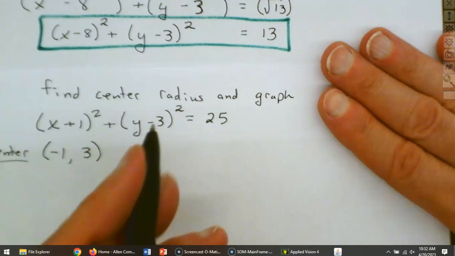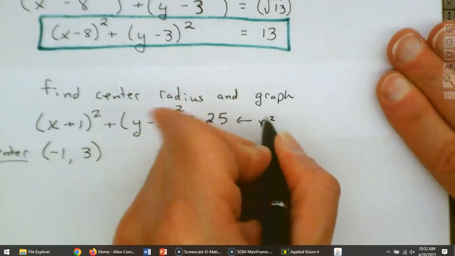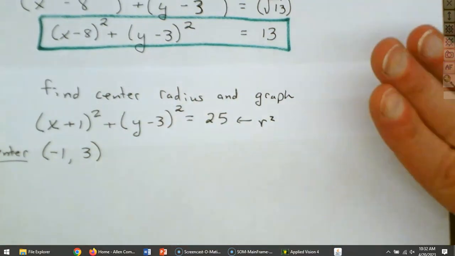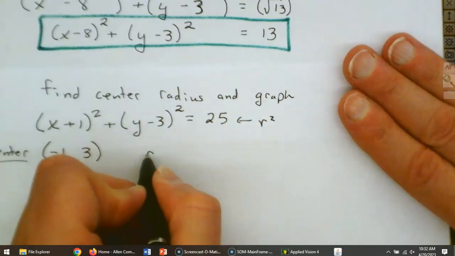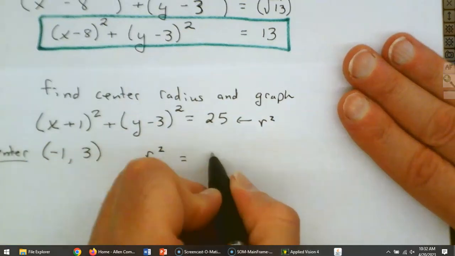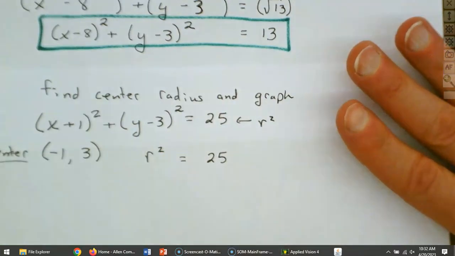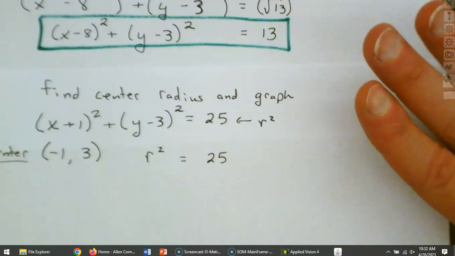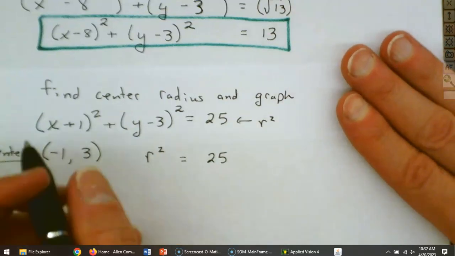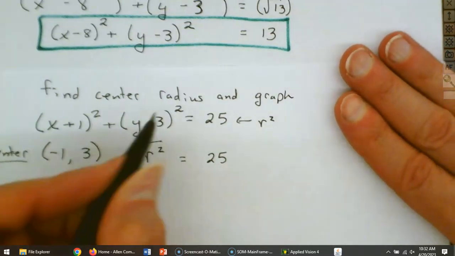Now, this is r squared. Well, we don't want r squared. We want r. So r squared equals 25. We've talked about this before. How do we get rid of a square? Opposite of a square is a square root.